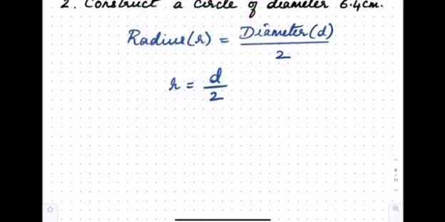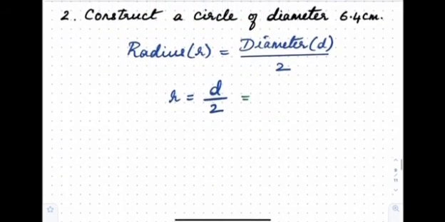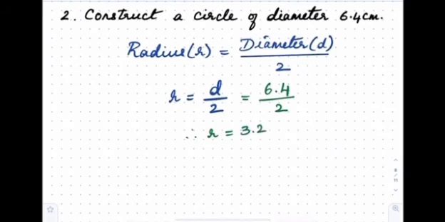Now what is D? What we have got is 6.4 centimeters divided by 2. So therefore R is equal to, if we divide 6.4 by 2, we get 3.2 centimeters as the radius. So this is the calculated radius.